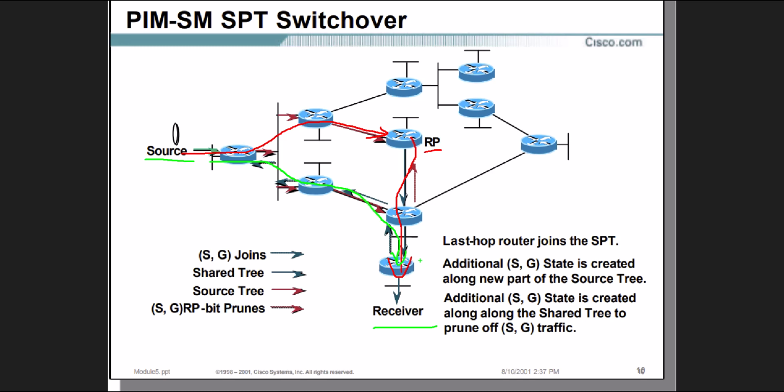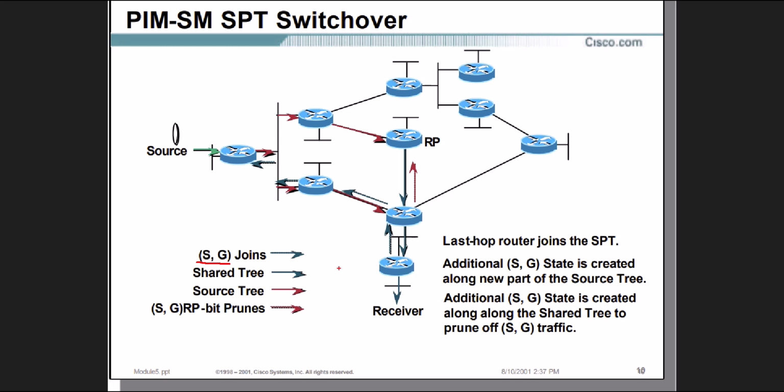And actually, the SPT switchover does exactly that. The first thing which needs to be done is that the router on the receiver side needs to make a decision: do I need to do this switchover? There is no kind of policy, I understand, within the protocol itself, but typically the decision would be made on the volume of traffic which the receiver receives as part of this source and group multicast transmission.